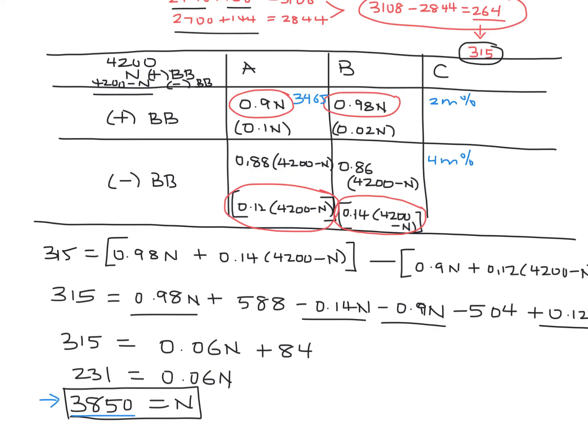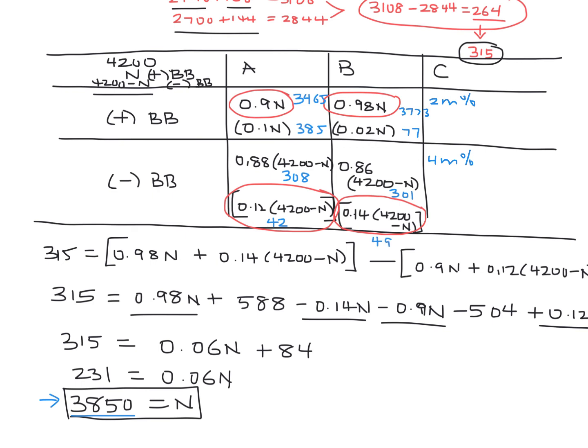0.1N, that's going to be 385. Got it. This 0.98N is 3773. 0.02N is 77. And then these numbers are 308 and 42. And this guy over here is 301 and 49.